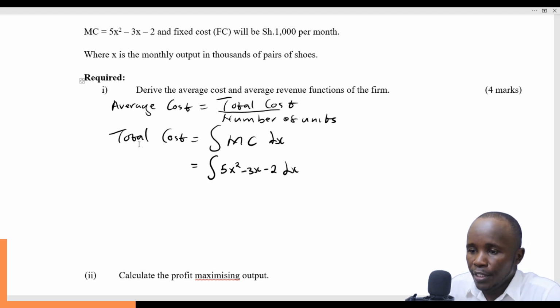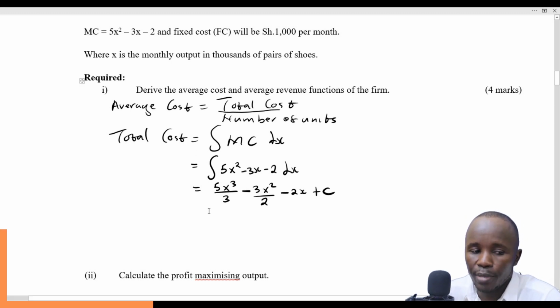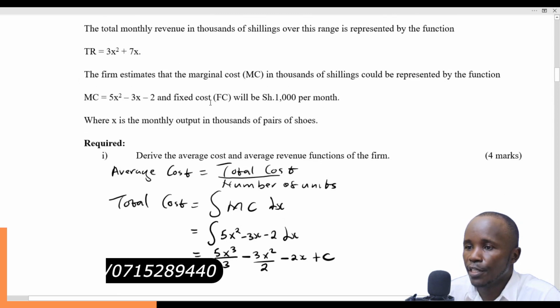How do you go about it? Integrating this, we are going to have 5x cubed divided by 3, minus 3x squared divided by 2, minus 2x, plus c. This c you have been told is the fixed cost.